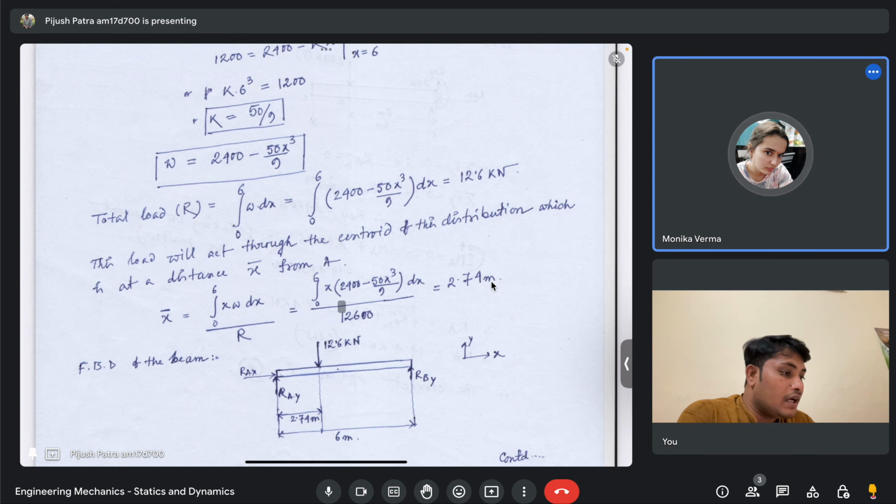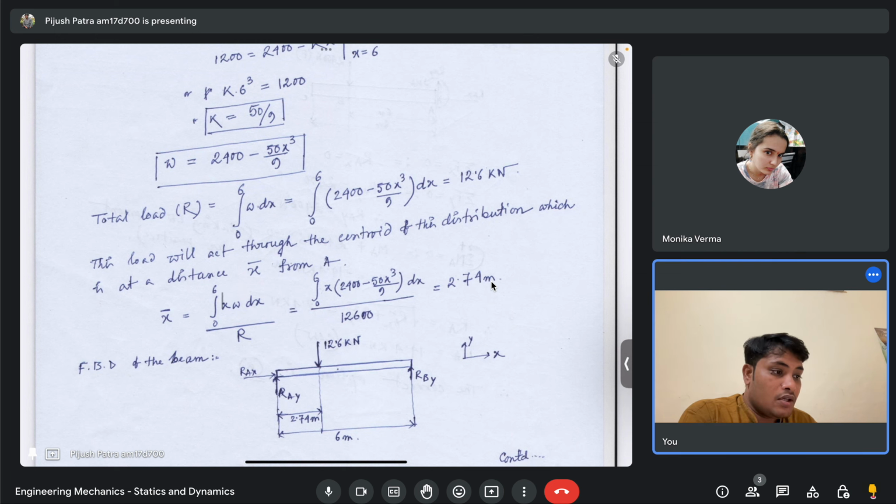If I integrate, that should give me the same result. So x bar into R equals the integral from 0 to 6 of x w dx. That means x bar equals the integral from 0 to 6 of x w dx divided by R. If you do that integral, it comes to 2.74 meter.